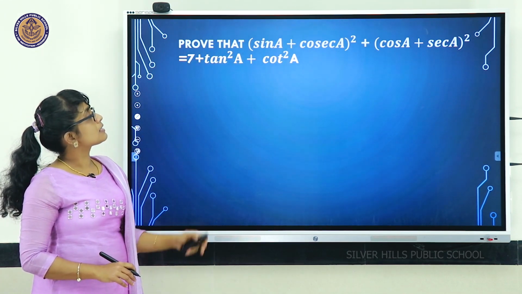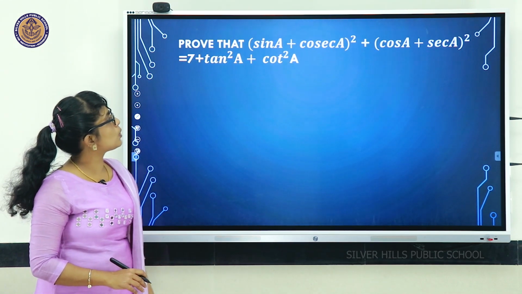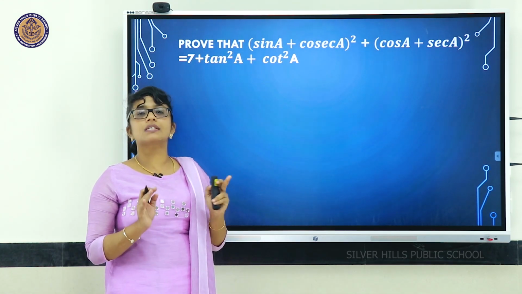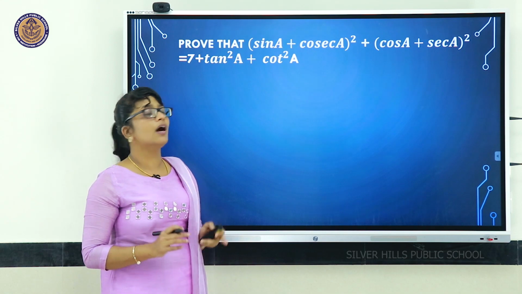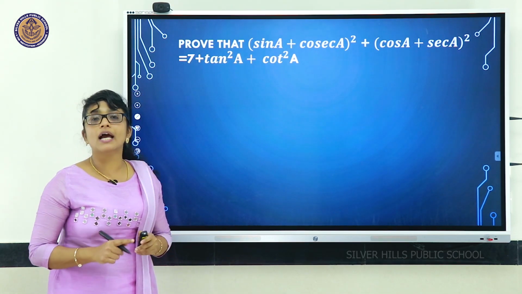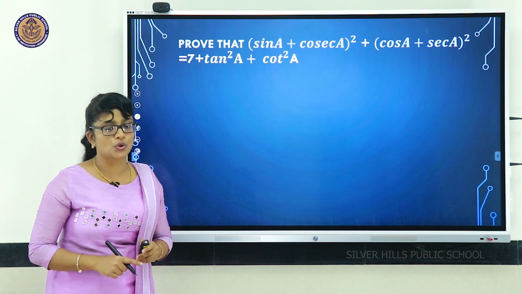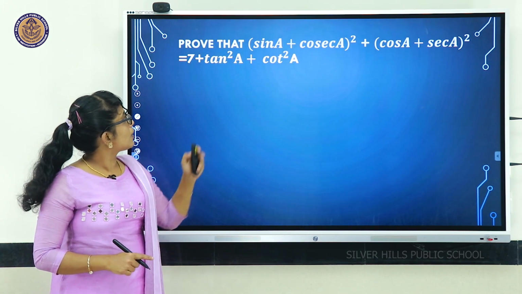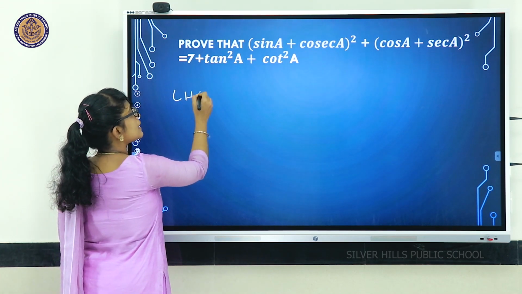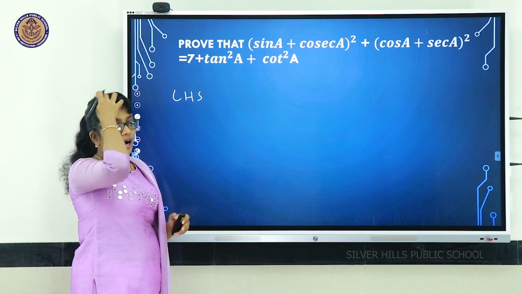Prove that (sin A plus cosec A) all square plus (cos A plus sec A) all square equals 7 plus tan square A plus cot square A. Here also you have to consider LHS and RHS.